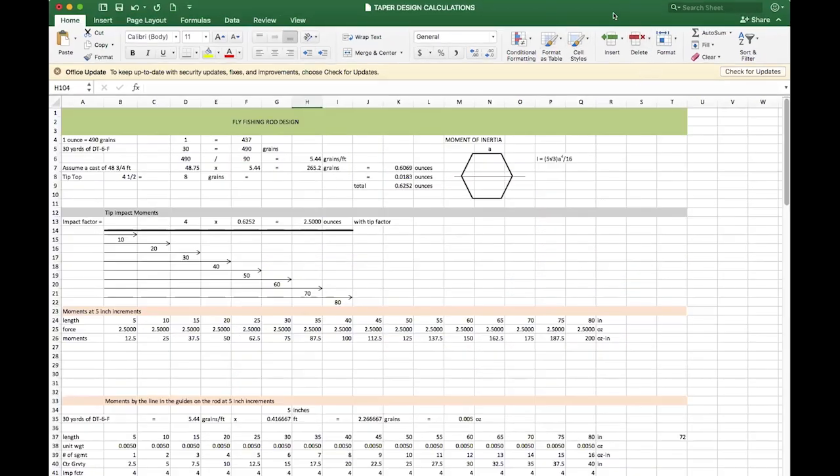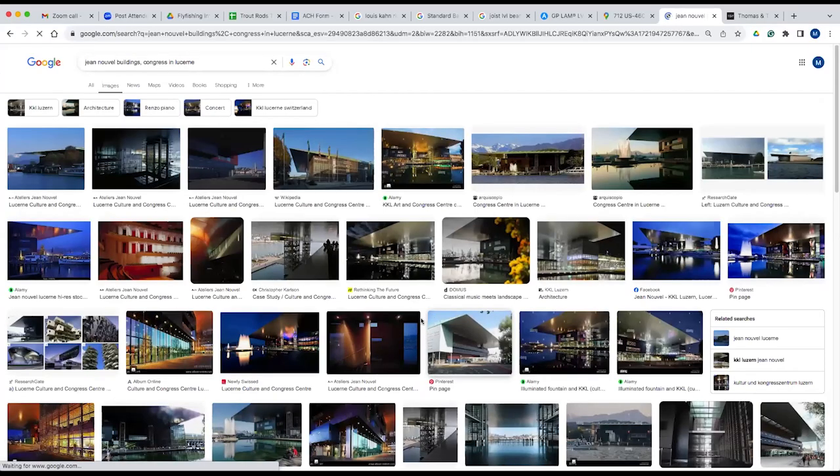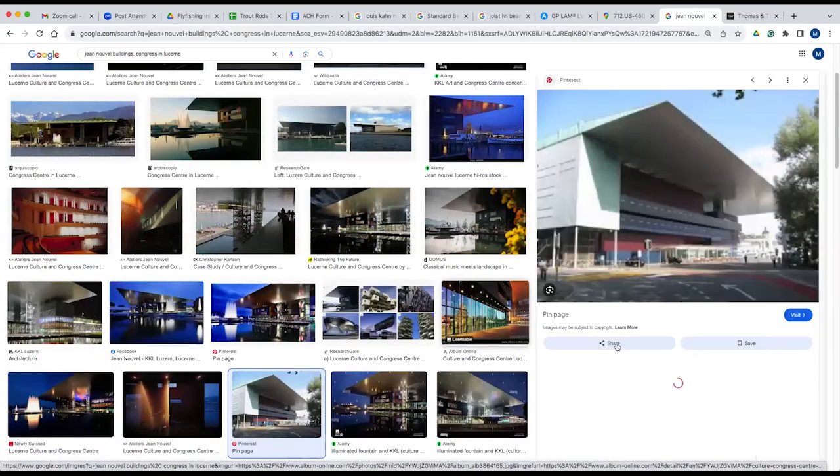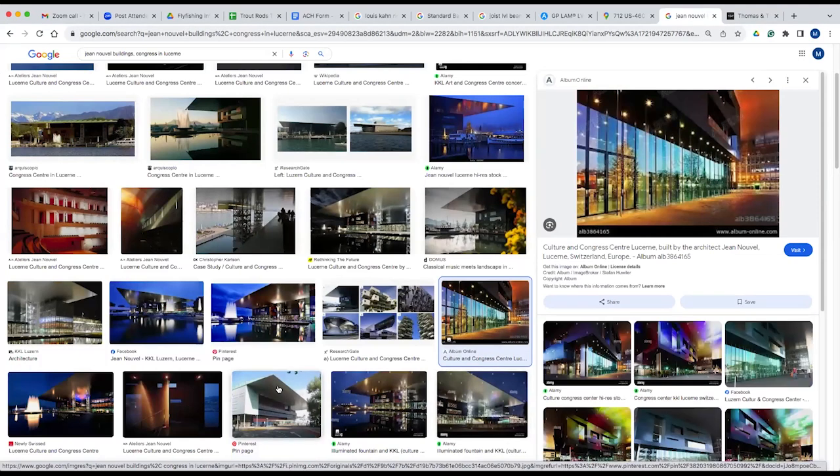I'm sorry, let me do one more thing. So this is an amazing cantilever. A cantilever building that Jean Nouvel designed in Switzerland that comes down to a single line.